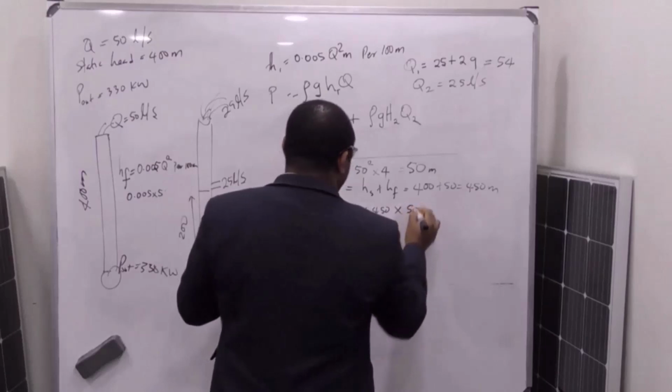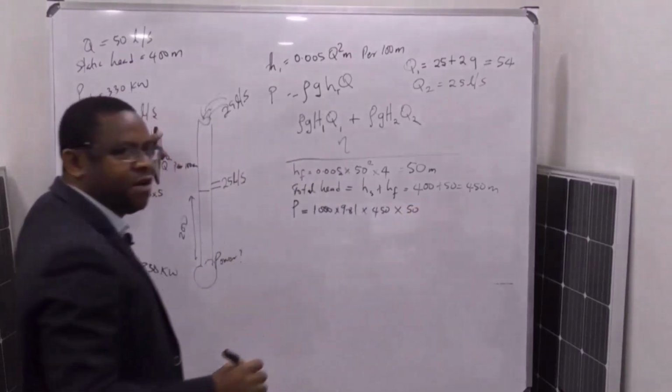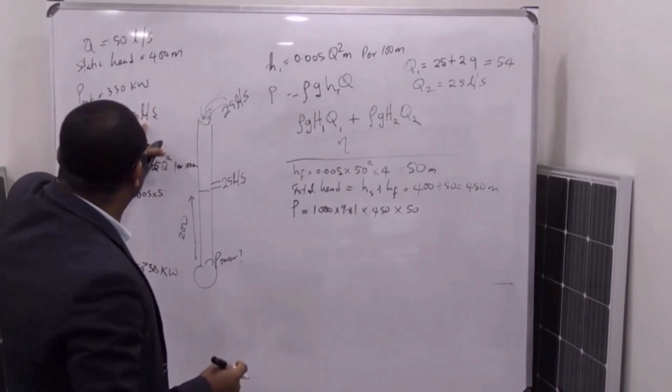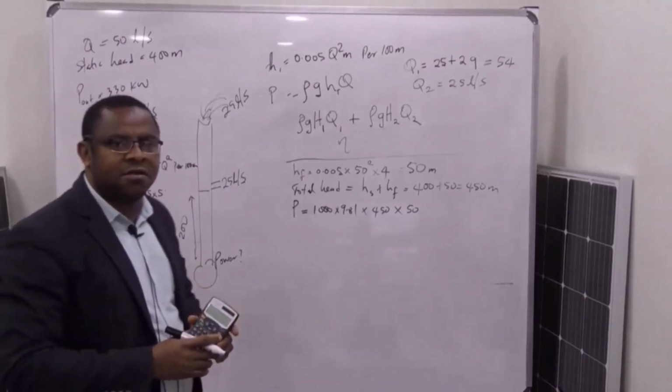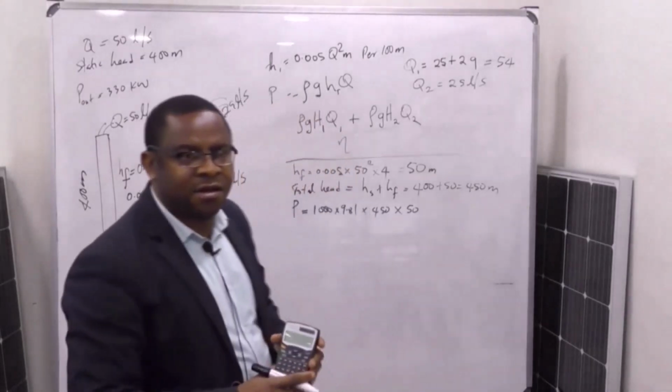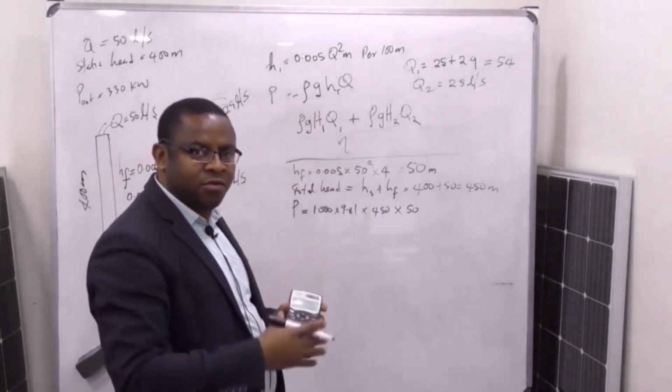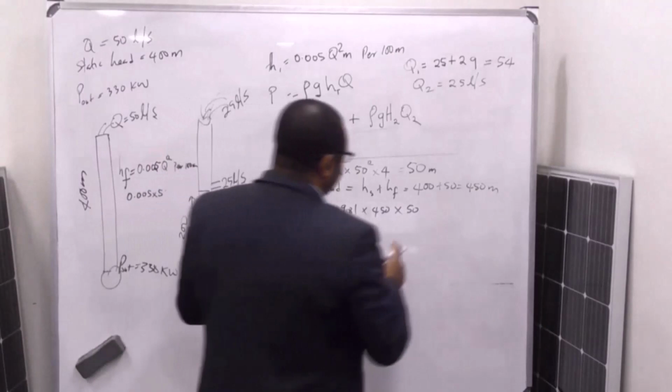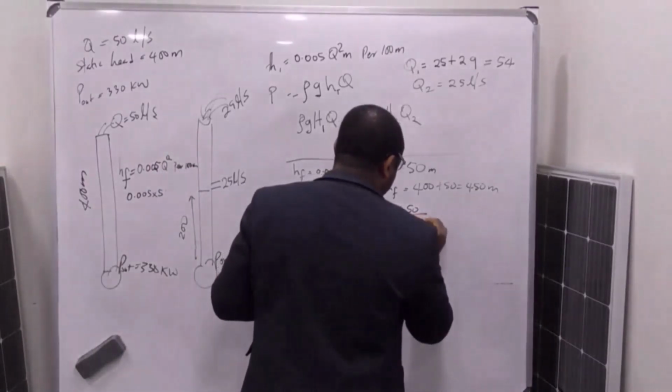Now 50 liters, I must convert this, 50 liters per second. You know, 1,000 liters is 1 meter cube. So 50 will be divided by 1,000.